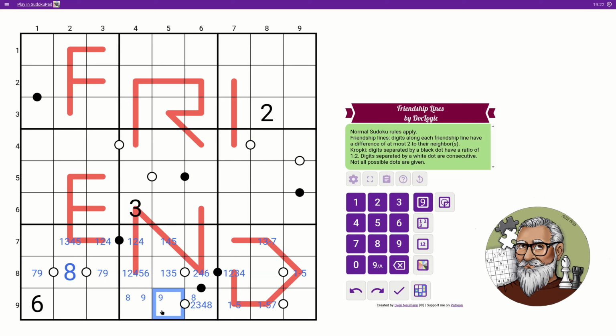If this is 9, this is 8, okay. But if this is 9, then we could have 8 and 7. Right, so this is 9 or 7. That's what we're saying, right? Well, not as useful. There's an 8 here, for what it's worth. So where is 9?